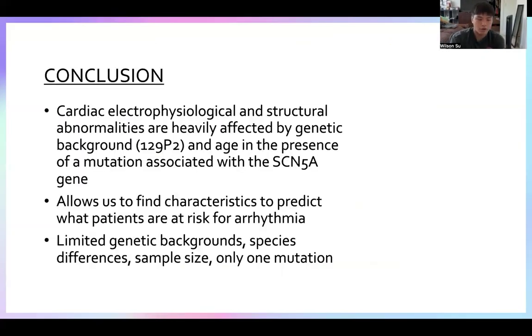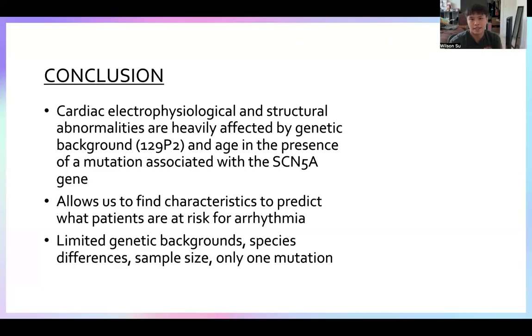So all in all, cardiac electrophysiological and structural abnormalities are heavily affected by genetic background. As we saw, there were a lot of differences in the 129P2, as well as how the aged groups were more affected than the adult groups.